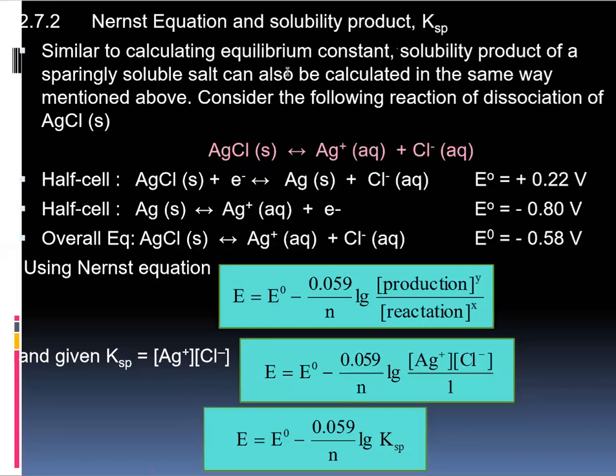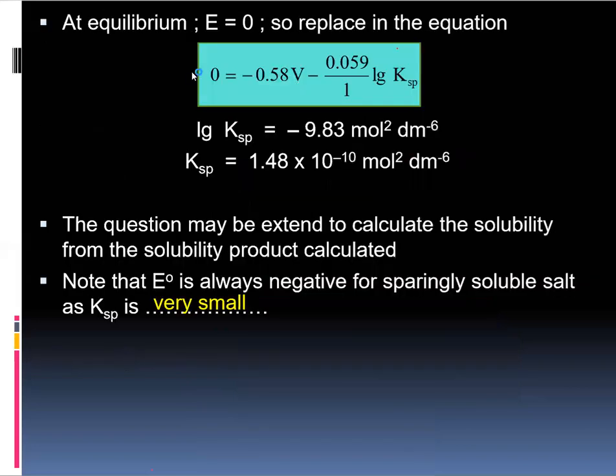At equilibrium, E will also be 0. So replacing in the equation, we'll have 0 here, just like we had in our previous one. If I solve for KSP, how to go about it: take this to the other side. If you take minus 0.059, it becomes plus on this side. I still have my negative sign here. So all I do now is find the value of this.